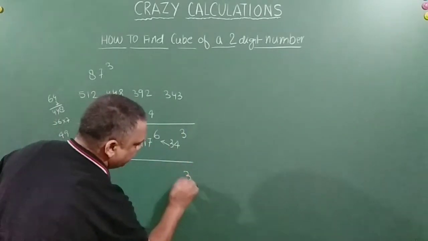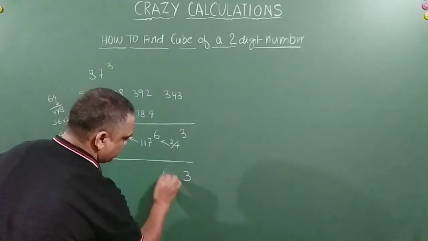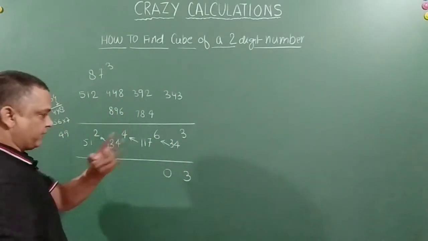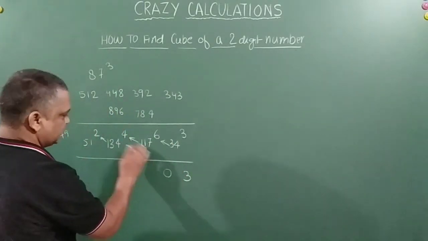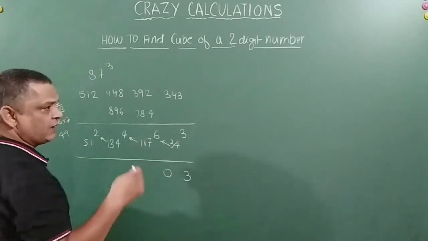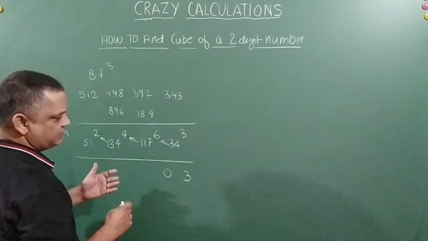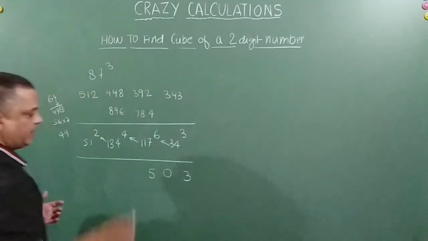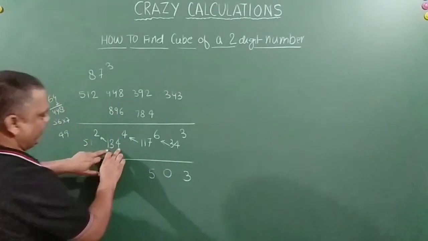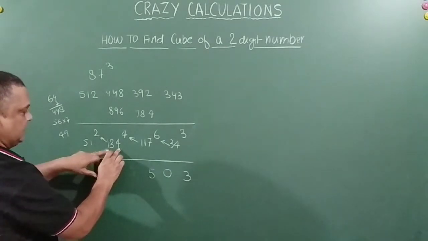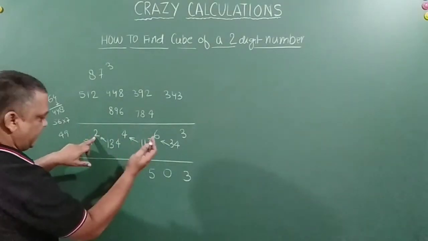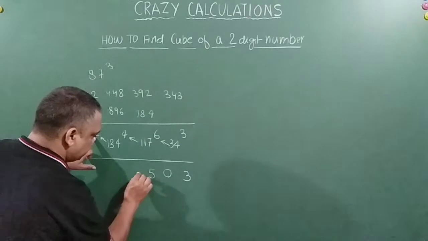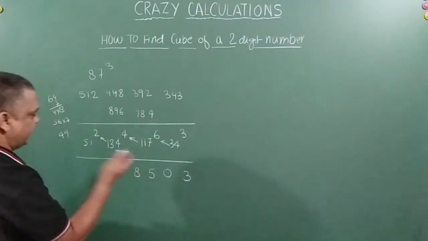This becomes 3. This is 40. So comes 0. 4 is carry forward. This is 121. 121 plus carry forward is how much? 4. So 125. Remaining is 12. 12 plus this is 146 plus 2, 148. 8 here. 14 carry forward.